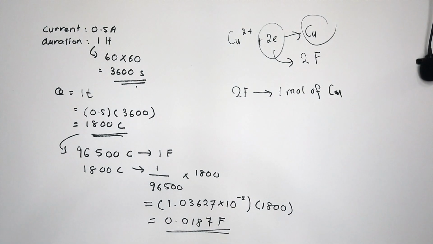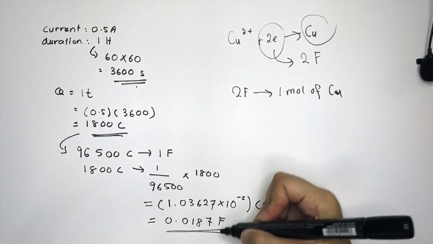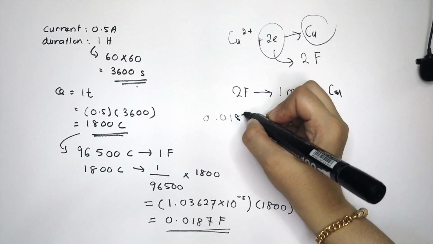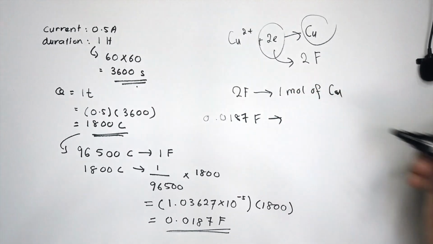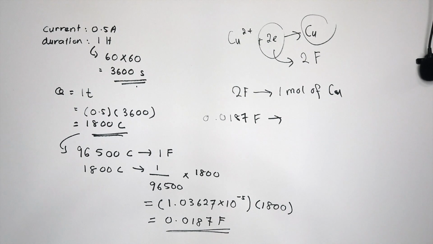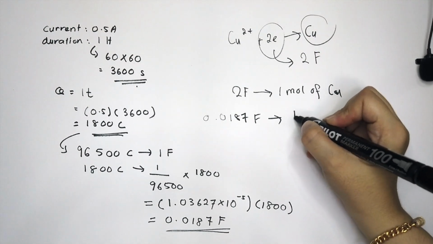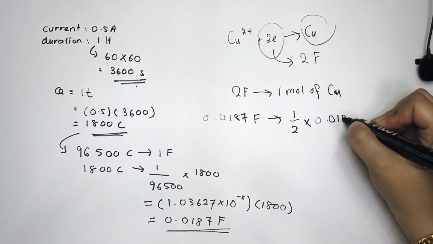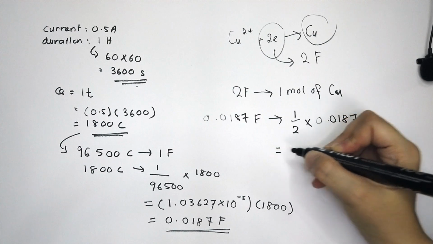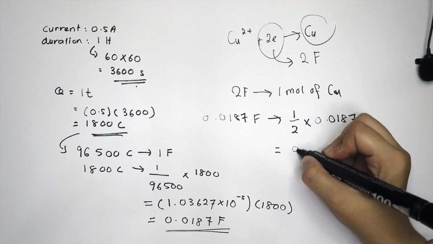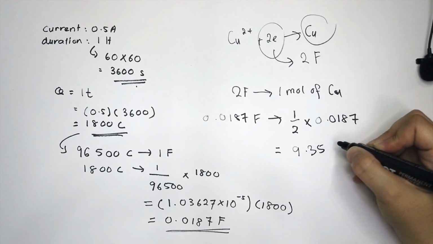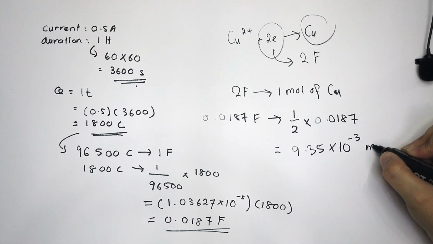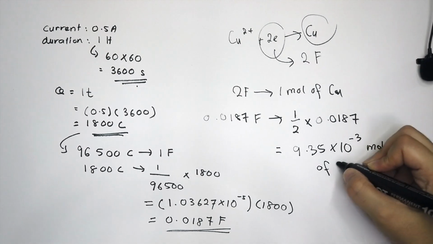Okay, so we have how much Faraday? We have 0.0187 Faraday. So how much mole of copper that we will produce? So 1/2 times 0.0187 Faraday shall be equivalent to 9.35 times 10 to the power of -3 mole of copper.